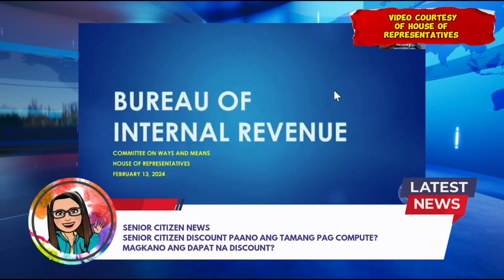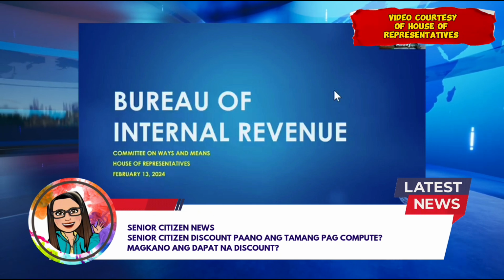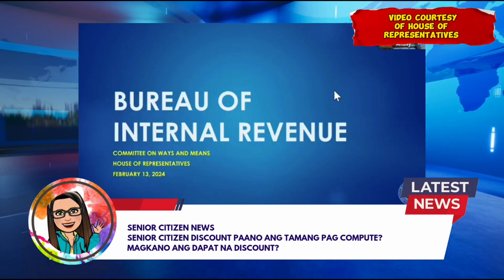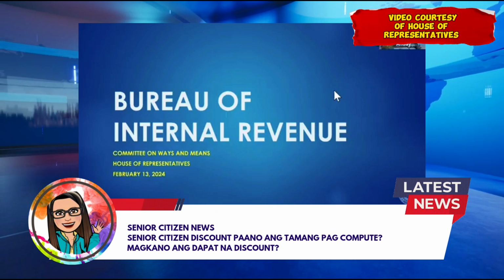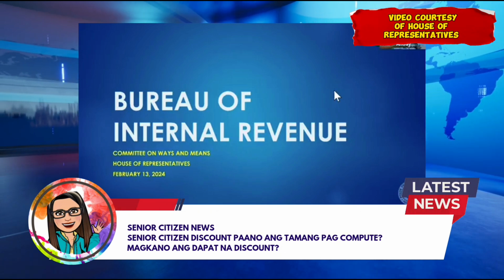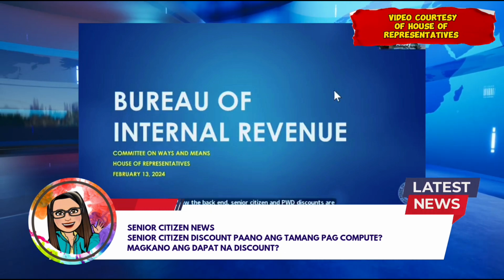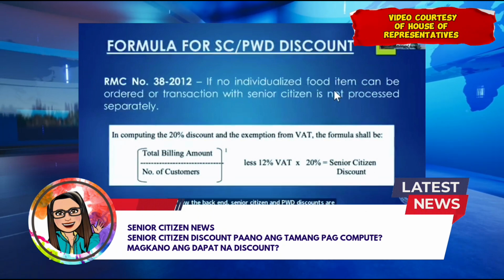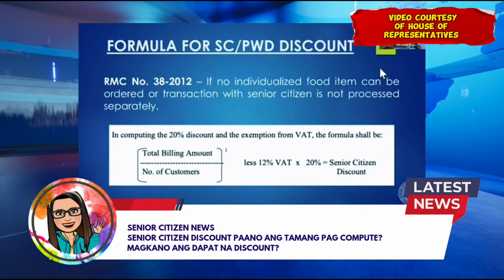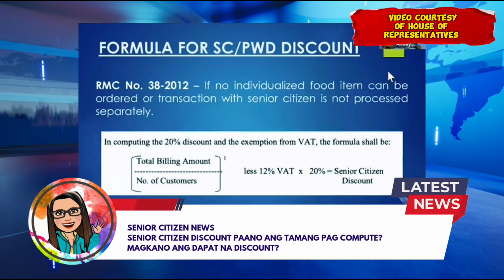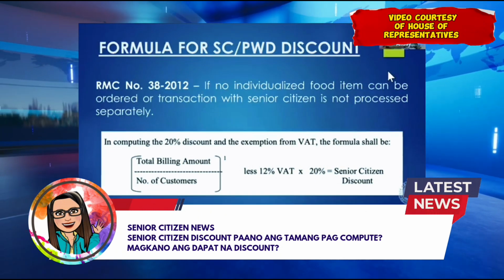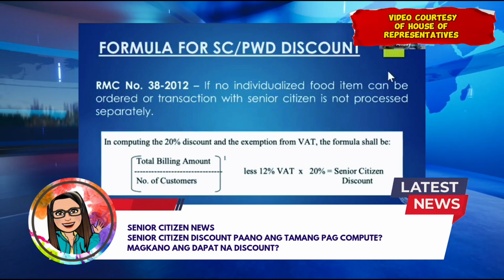Presenting today an illustration or example of how the VAT and tax senior citizen and PWD discounts are given. First, next slide, please. We have here the formula for computing the senior citizen or PWD discounts for groups.